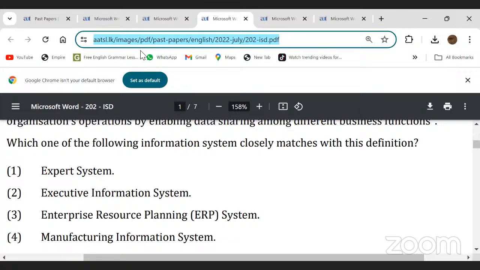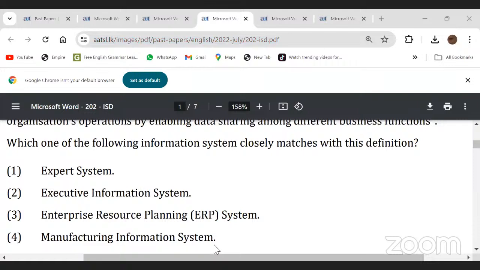And enterprise resource planning systems, or ERP systems, is the correct answer. Yes, ERP.